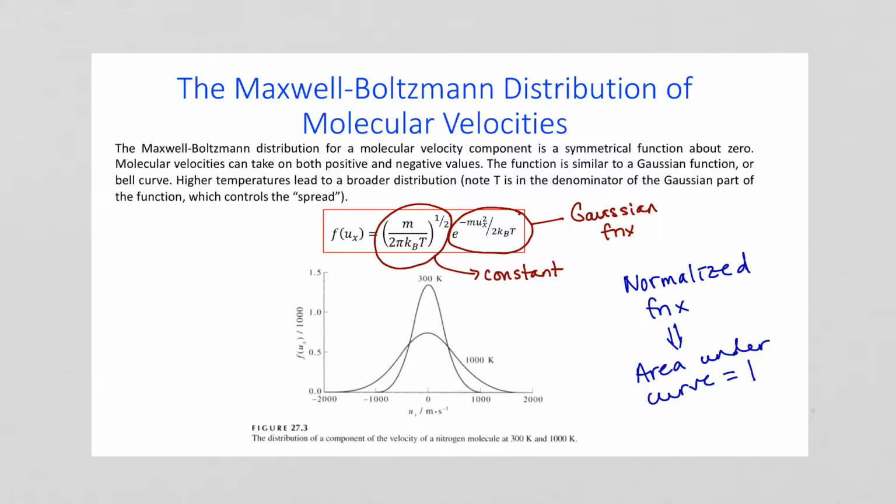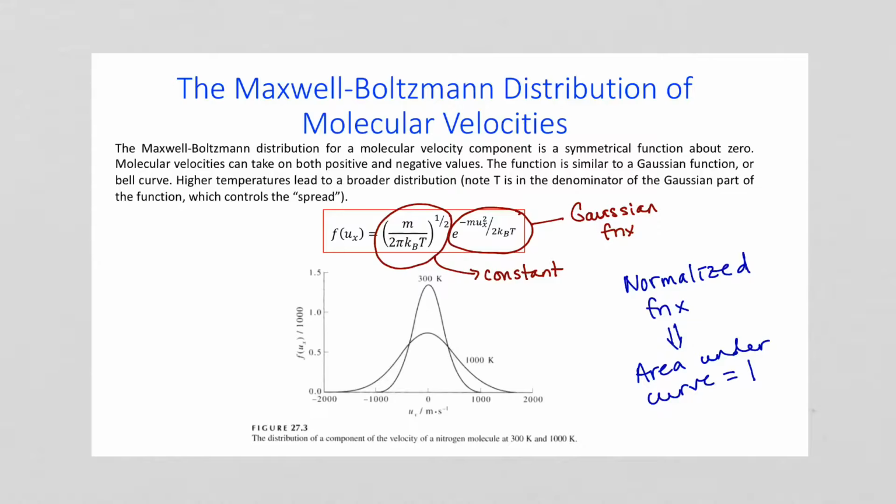A couple of other features to point out here. Speaking of that normalization, the area under this curve for 300 Kelvin is going to be 1. The area under the curve for 1000 Kelvin will also be 1. So the total area under each of those curves is the same.